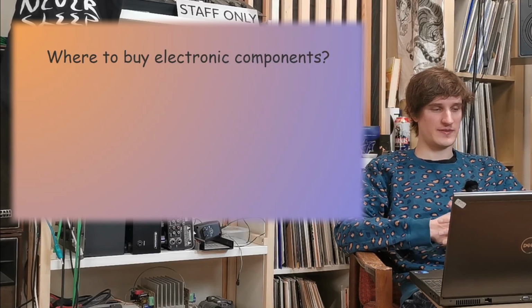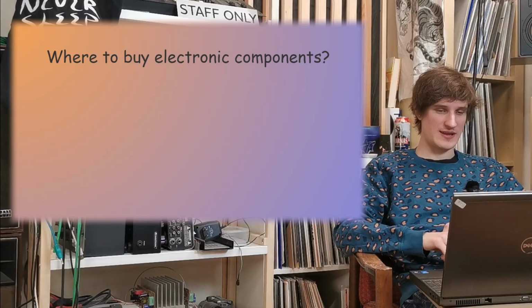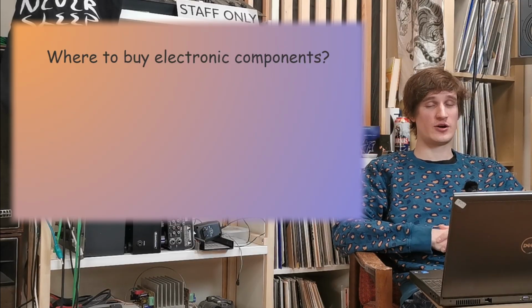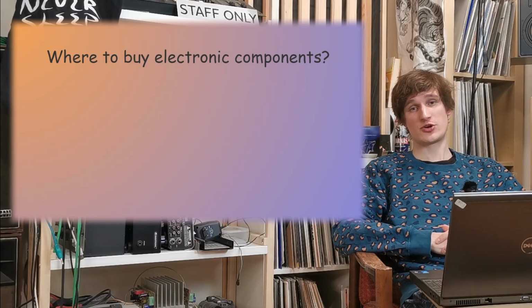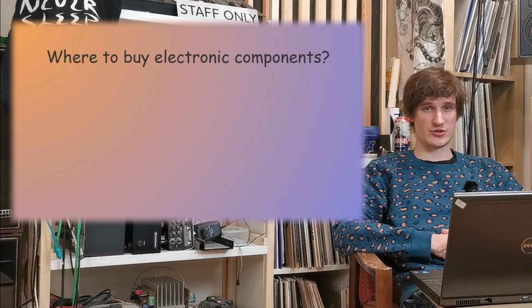Yeah, so to end this presentation, that was already quite long, I want to recommend some sources where you can buy electronic components, and also I want to warn you against buying electronic components from China, especially from portals like AliExpress, because there are a lot of fake components.